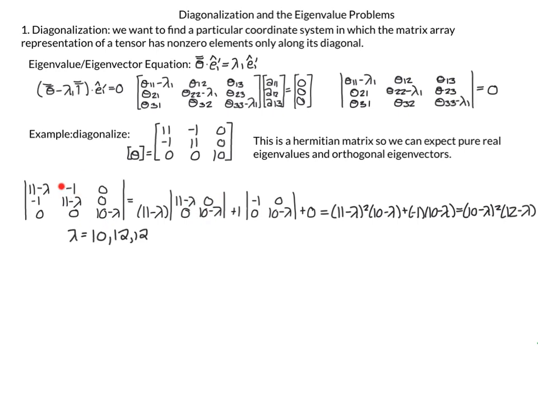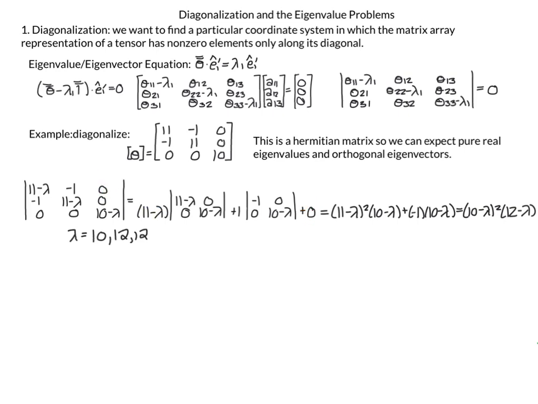Next, expanding, I do a minus times this second element, so that's a plus 1. I cross out the column and the row, and I take the determinant of what's left, which is minus 1, 0, 0, 10 minus lambda. And then the last element is just a 0, so I just have a 0.